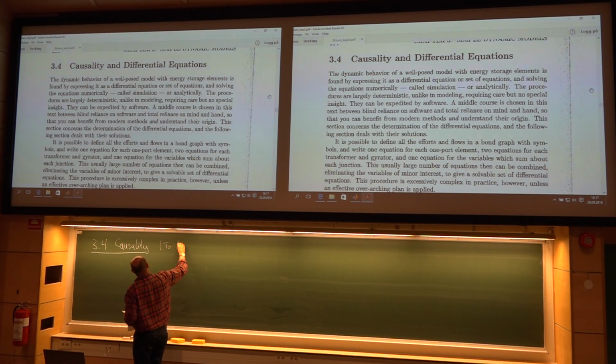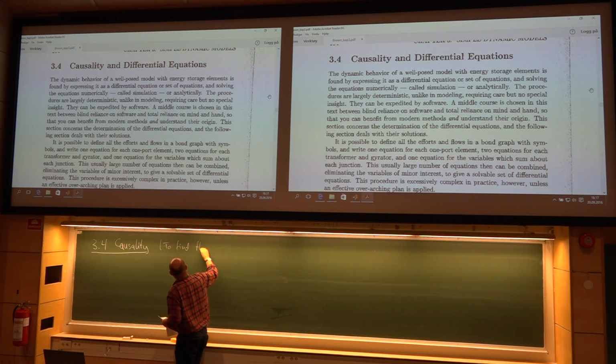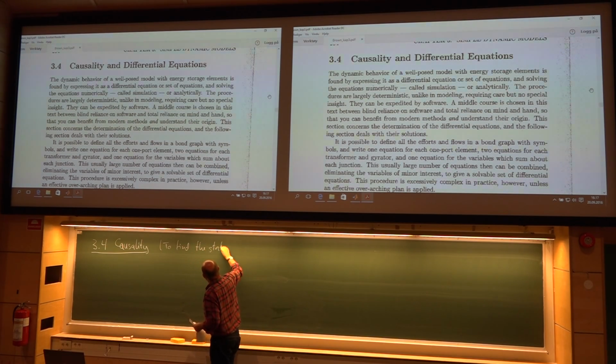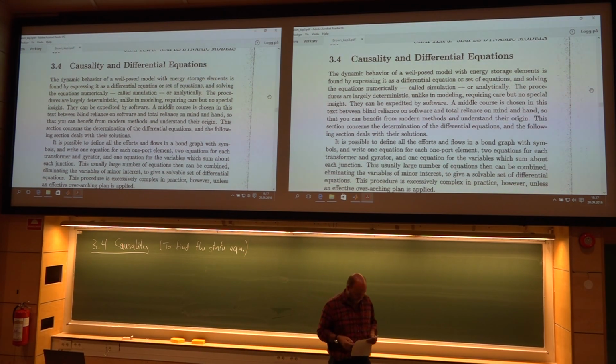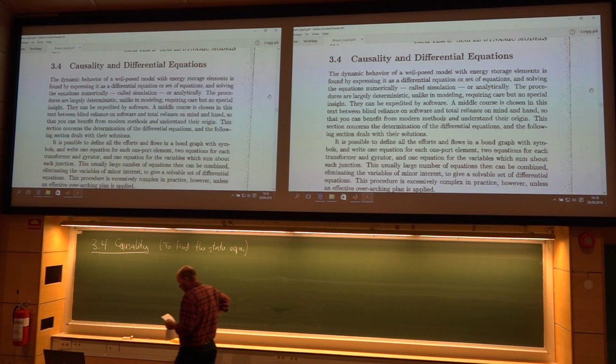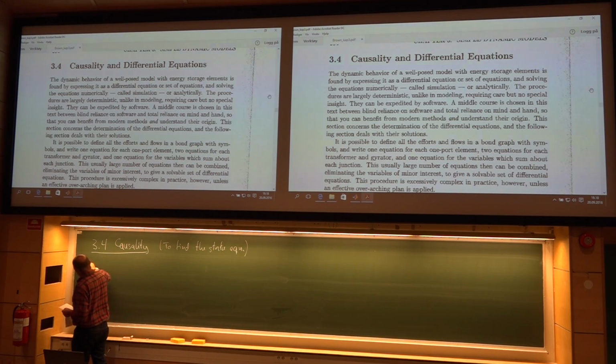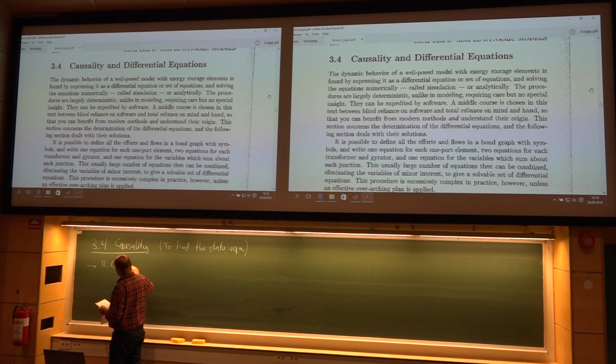to find the state equations and to find them easy. So the problem at hand, you have a bond graph, and whenever you have a resistance, compliance, inertance, you will have one equation.